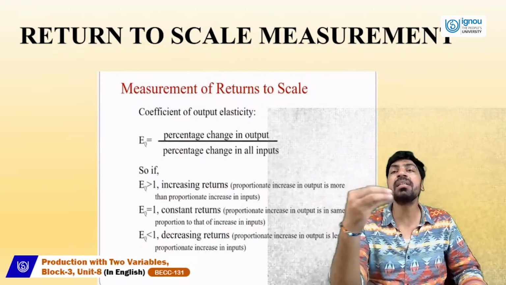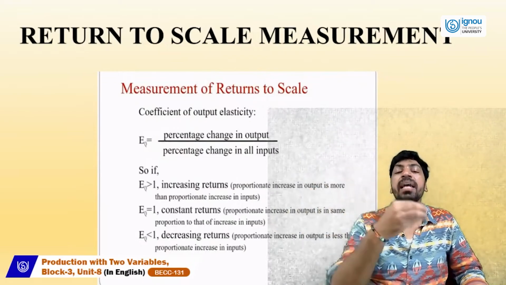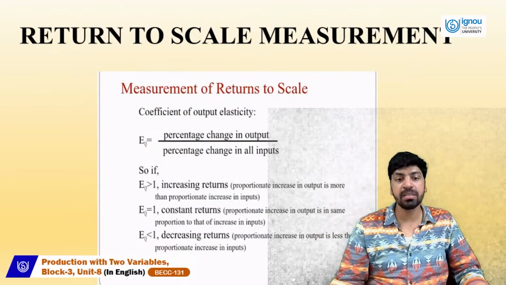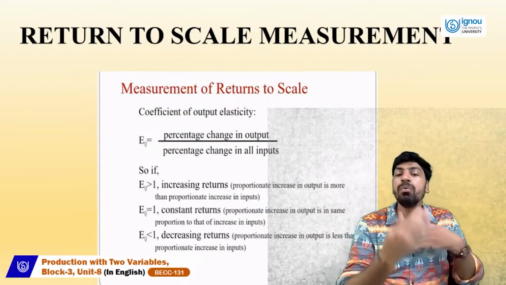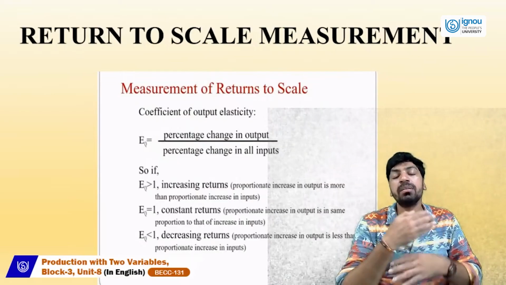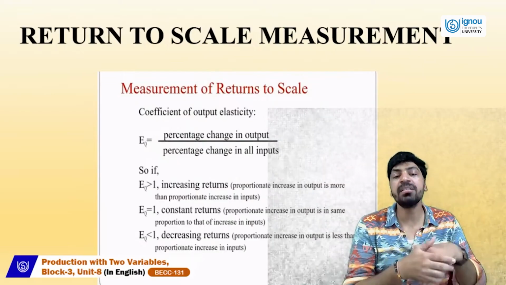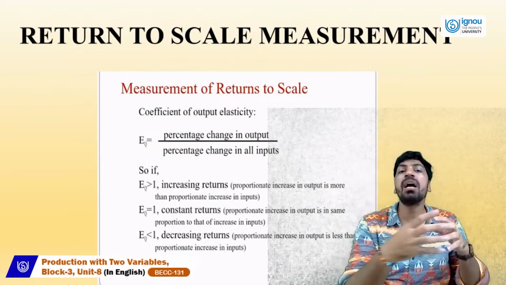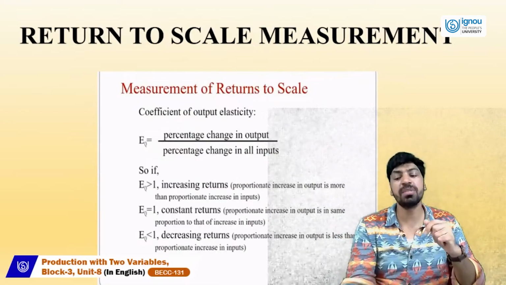If the increase in output is less than the increase in inputs, it is decreasing returns. This is how you can elaborate these three concepts based on the formula which measures returns to scale.